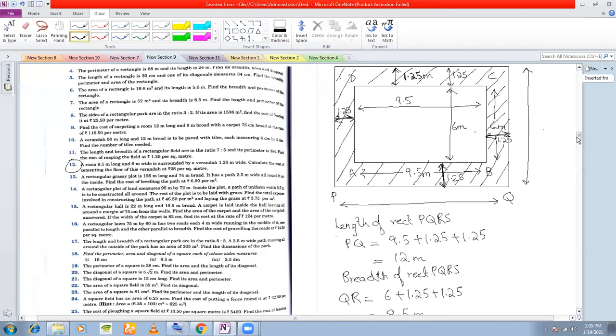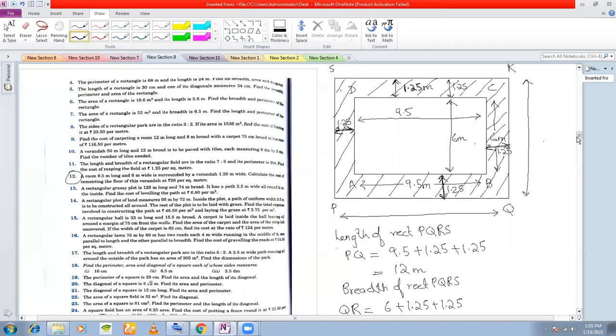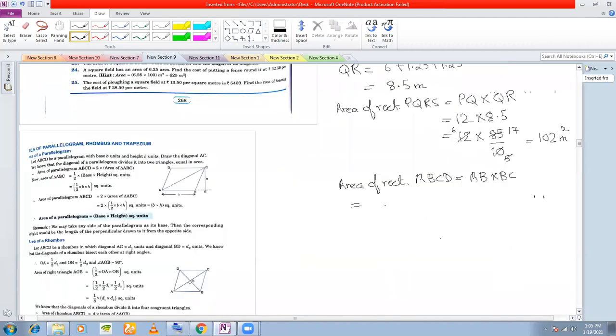AB here is 9.5 and BC here is 6. So 9.5 into 6, which is 95 by 10 into 6. Sir, 57.